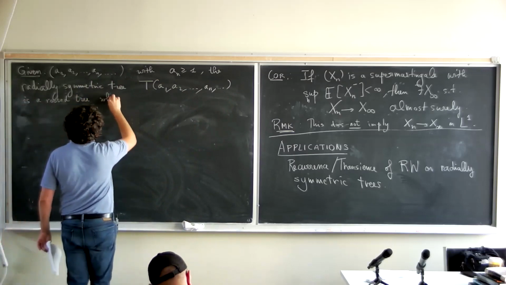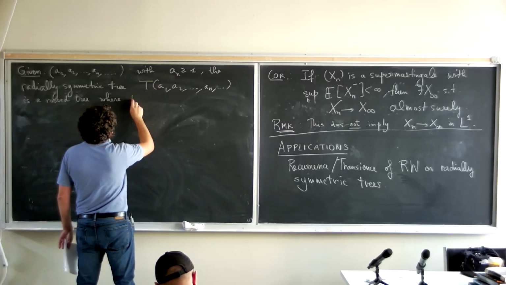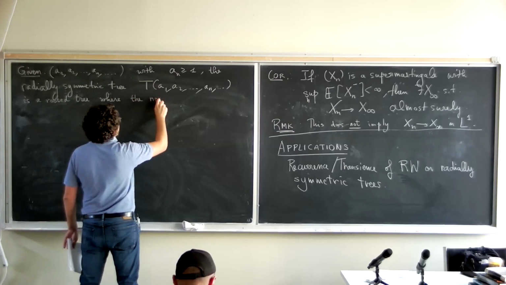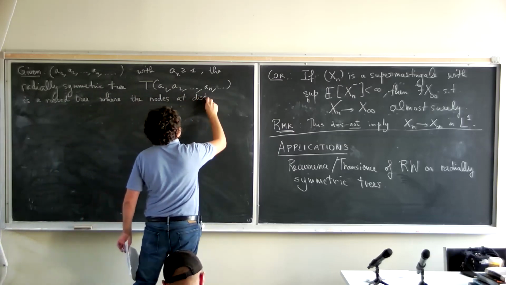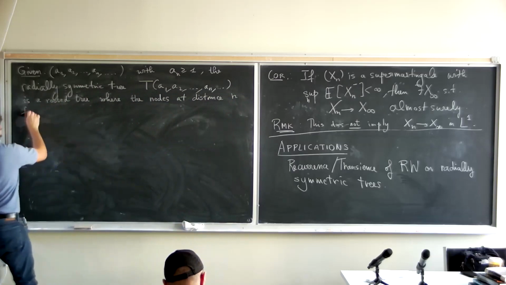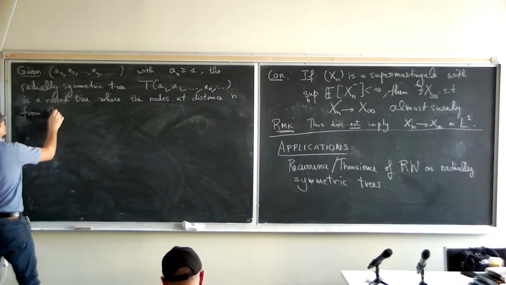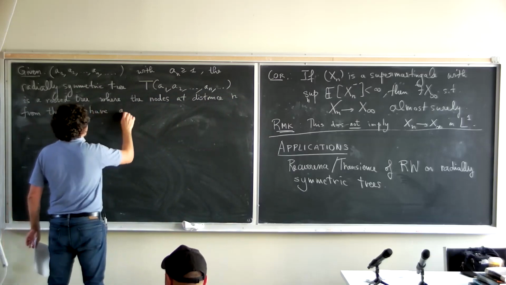where the nodes at distance n from the root have an children.